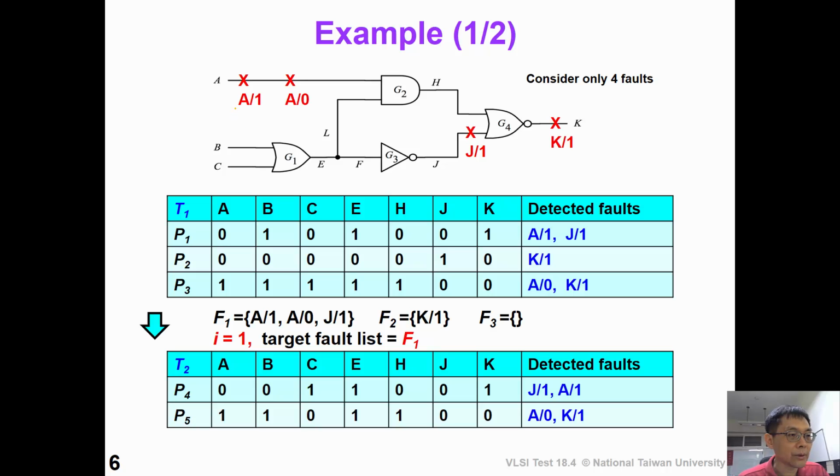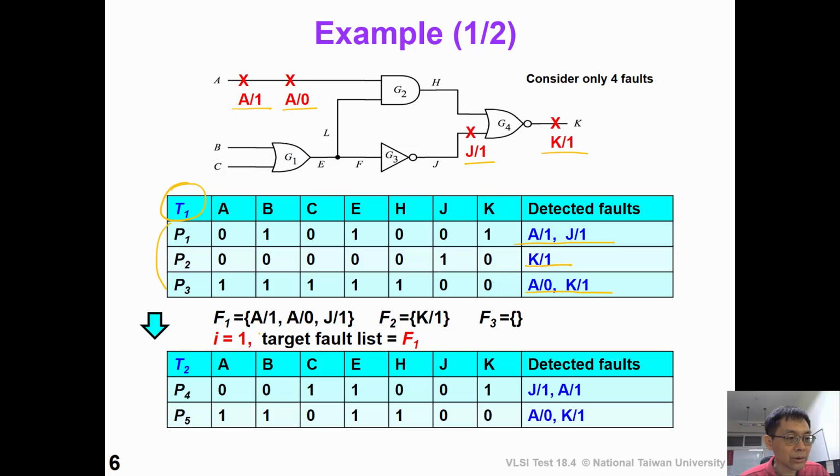Let's consider 4 faults: A stuck at 1, A stuck at 0, J stuck at 1, and K stuck at 1. Starting from the initial test set T1, we have 3 test patterns, and the detected faults are listed in the table.